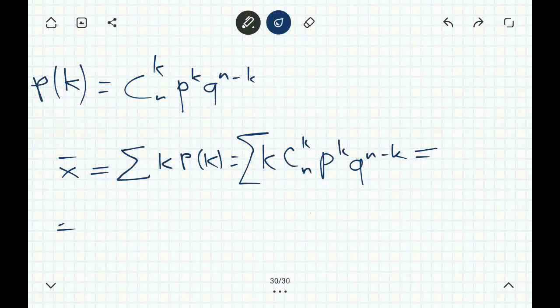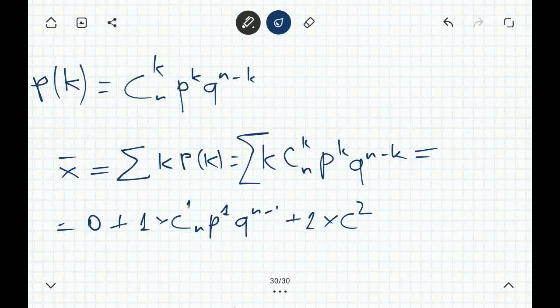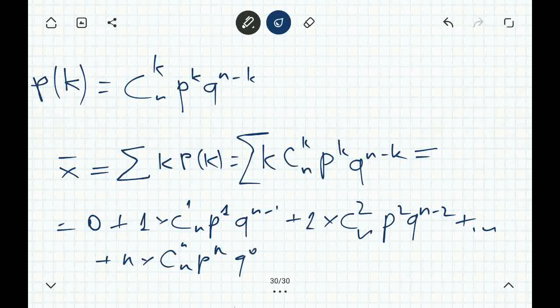Okay, but 0 times anything is 0, so I'll just put 0 plus 1 times C(1, n), p to 1, q to n minus 1, and then 2 times C(2, n), p to 2, q to n minus 2, and so on, until you reach the end, which is n times C(n, n), p to the n, and q to the 0.